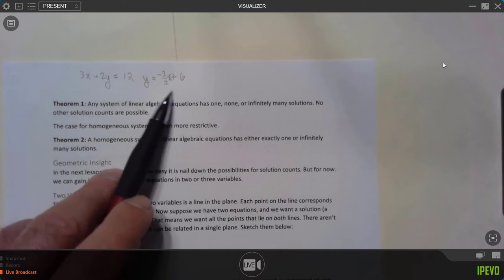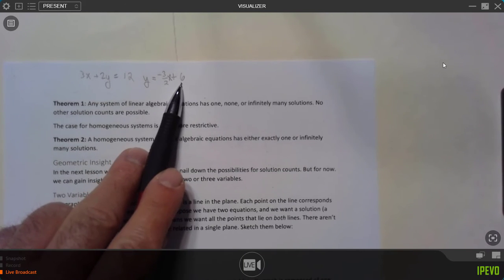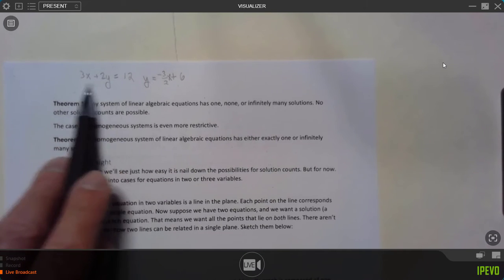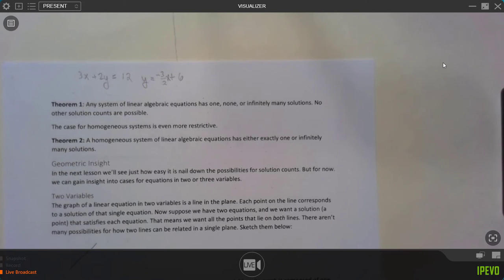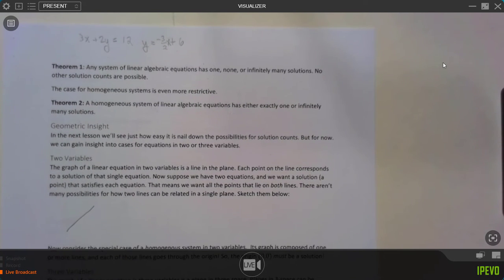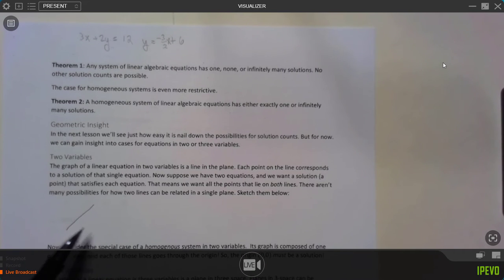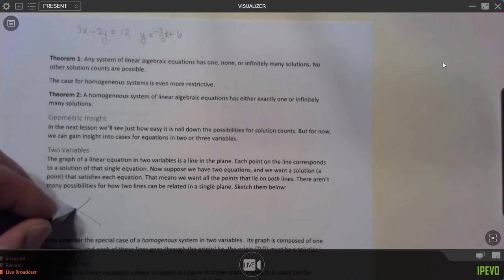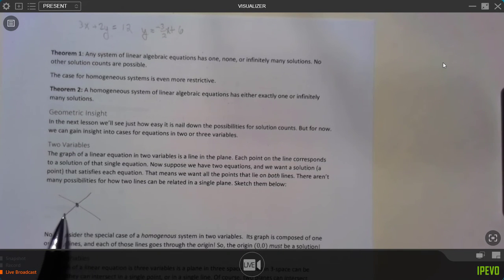Now, the point of this is that if you have a single equation in two variables, its graph is some kind of a line. Now, what line, I don't know, but it's going to be a line. And now if I take another one of these, if it's got a different slope, then it is guaranteed that there's going to be a point in common between these lines.